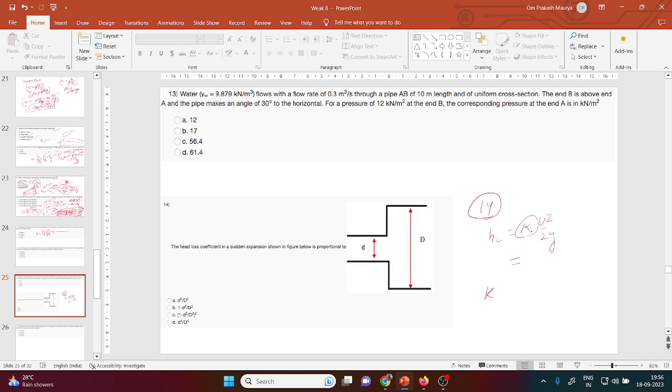The k is (1 minus small d square by capital D square) whole square. So this is basically your head loss formula, (1 minus d square by capital D square) whole square times V square by 2g. With this you will calculate.